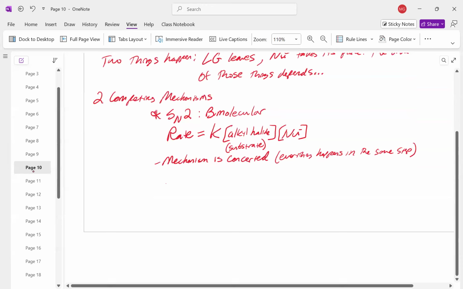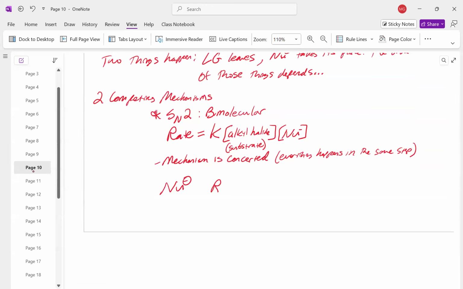Now, just to draw out a generic mechanism of an SN2, we'll have a nucleophile and then our alkyl halide. Since both of them are involved in the rate determining step, the mechanism is going to demonstrate that as the nucleophile comes in, it makes a bond with the carbon with the leaving group. That's the X there.